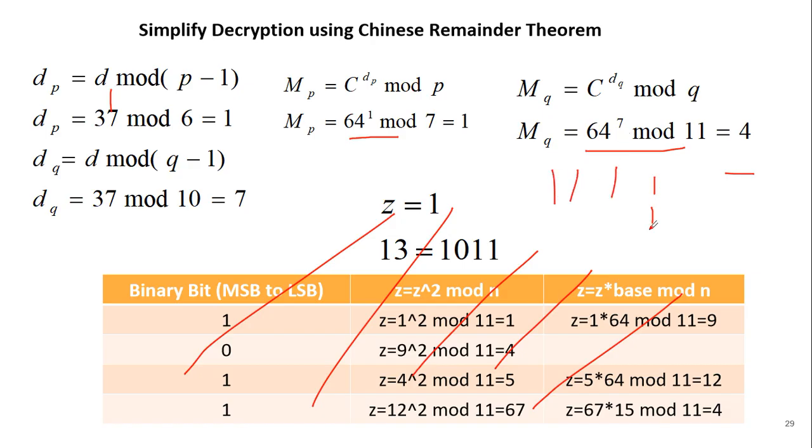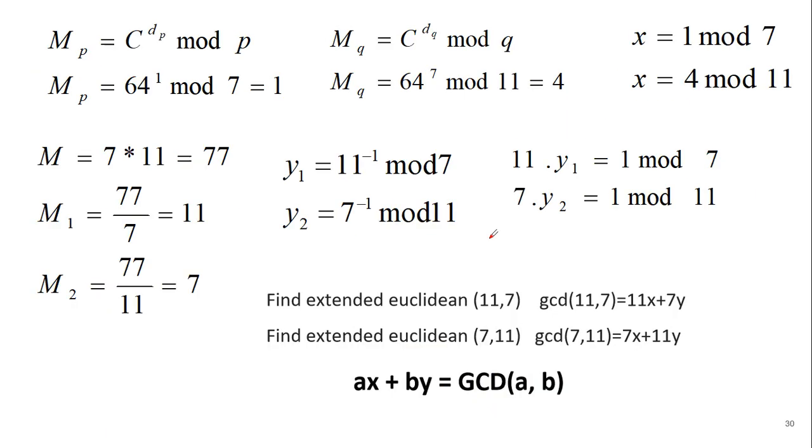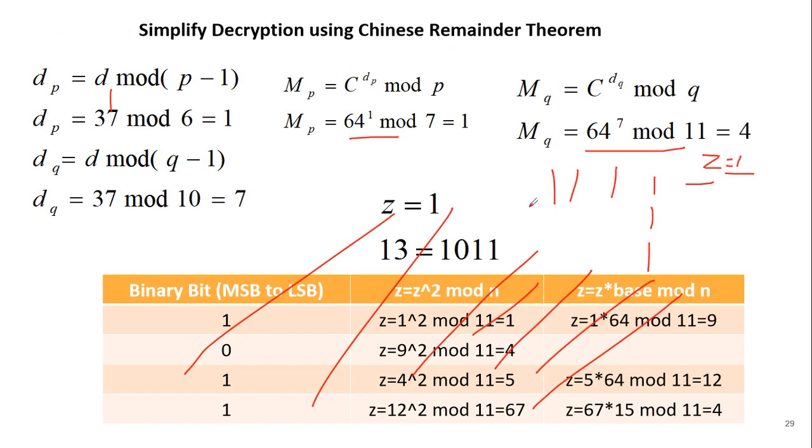All ones are there, so we perform both the square and the multiply operations, and initially we keep z equal to 1, and at each step we use the updated value of z. This was pasted from the previous slide by mistake. Now here we get the answer 4, and here we get the answer 1.